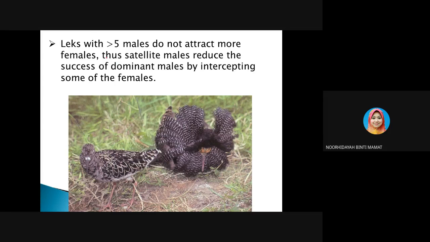This is normally in leks where one location has fewer than 5 males, so they do not attract the females, and the satellite males will intercept the females.